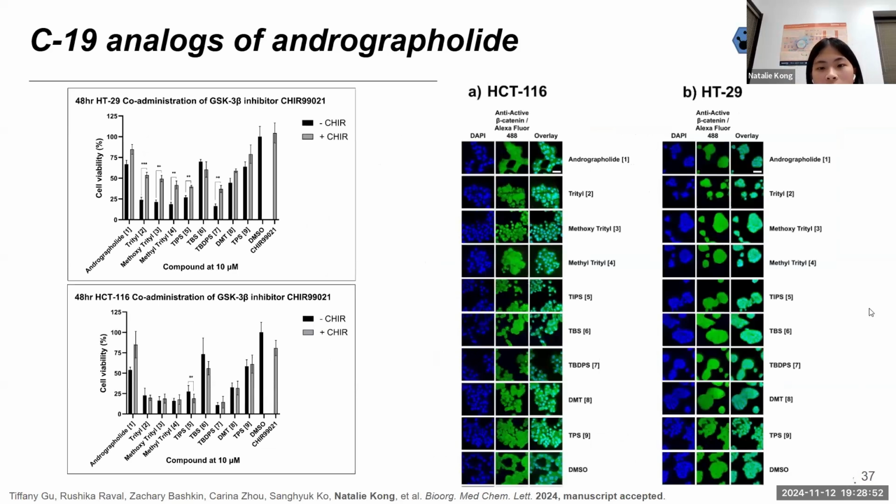And then 2 of our later assays were that we co-administered our analogs with a GSK3 beta inhibitor, CHIR99021, and though there may have been somewhat promising results, these results have been called into question. Though it does seem to suggest that our analogs may act through GSK3 beta. And then finally, we attempted to isolate the localization of beta-catenin through immunofluorescence imaging assays.